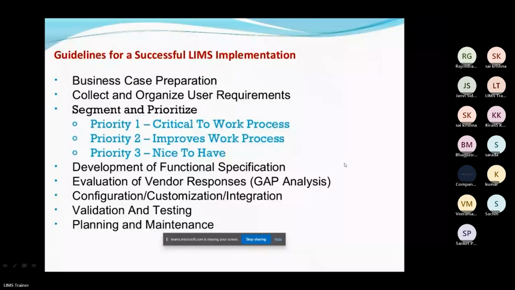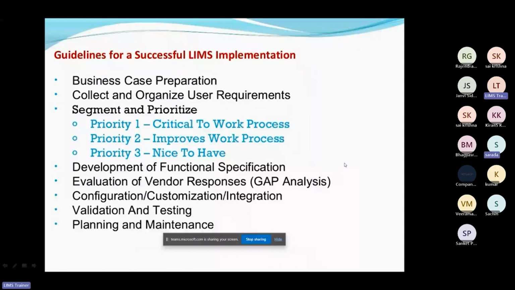Now the screen is visible to all of you. So I'm on the slide, guidelines for successful LIMS implementation. Till now we have understood what is LIMS, how important it is, and what functionalities it provides, and now we are shifting to the implementation part.